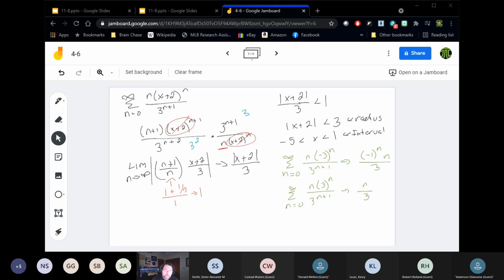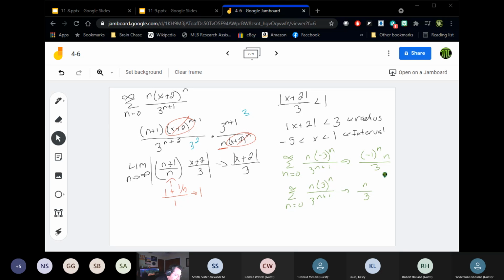So it fails the alternating series test. Now remember, failing the alternating series test does not tell me that it diverges. It just tells me that it fails that test. So then we would just do the divergence test, right? Yep. In this case, since my limit does not equal 0, it diverges.